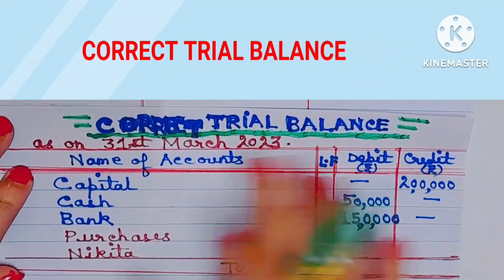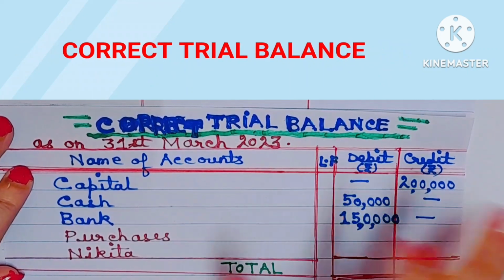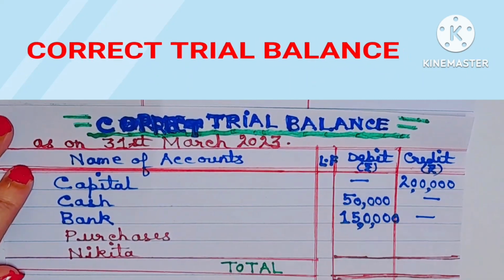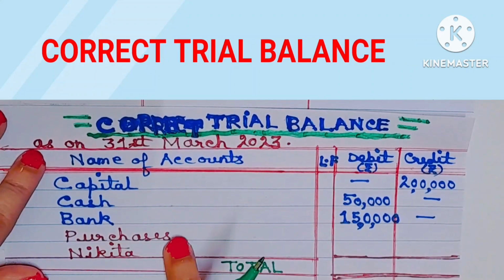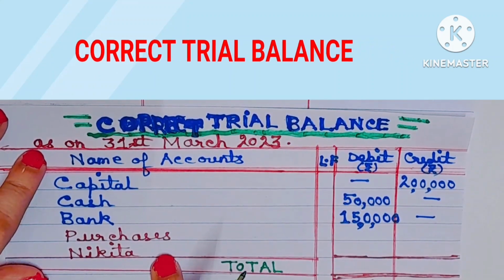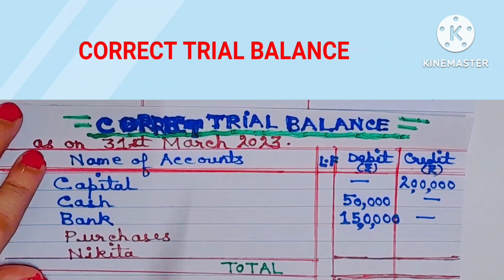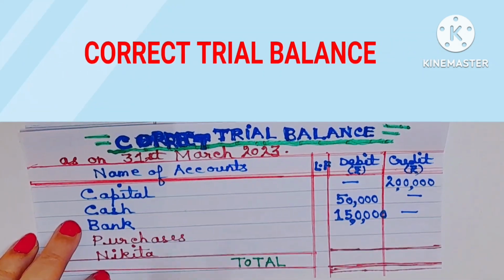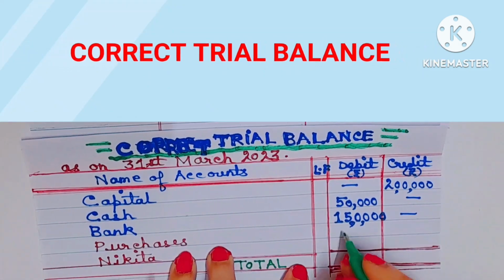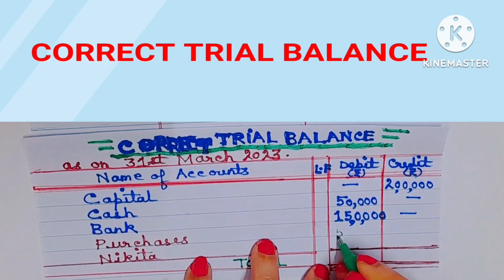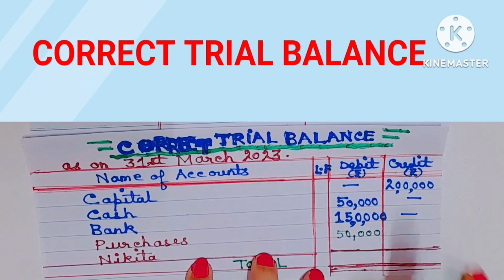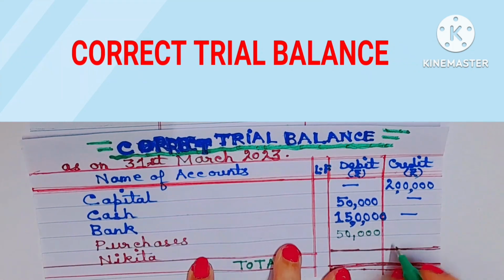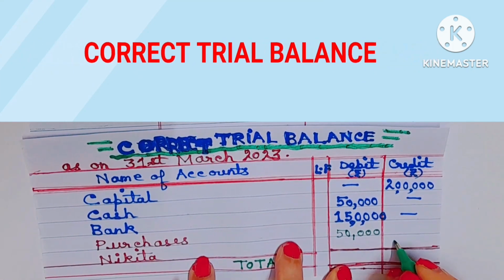So these balances were given to me already, assuming. Now there are two other accounts, purchases account and Nikita account. But those accounts were not recorded in the wrong entry. If they were recorded, what would have happened? 50,000 purchases and Nikita is the credit entry, so we should be writing in the credit column 50,000.